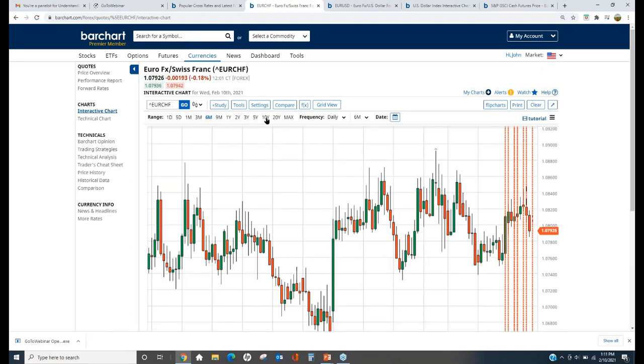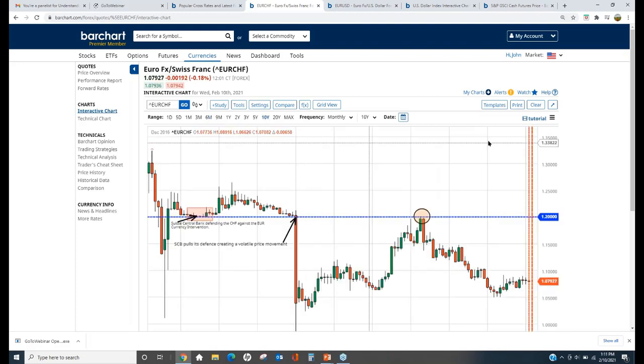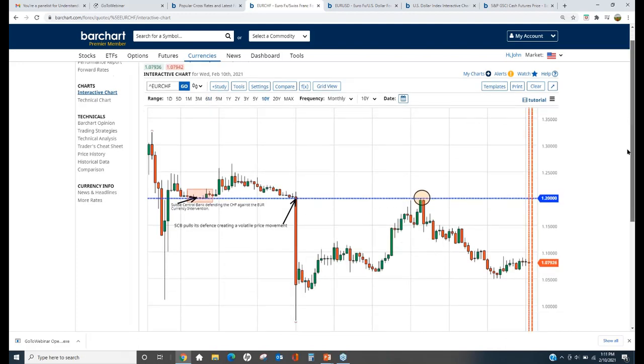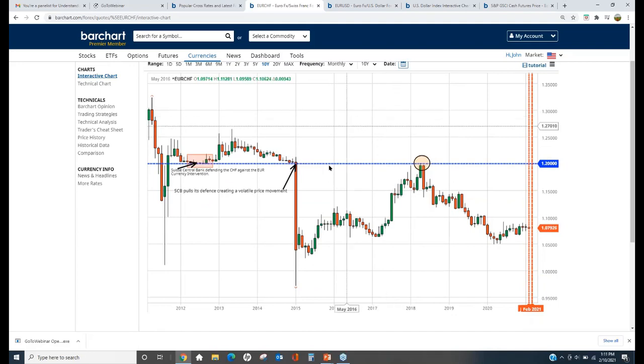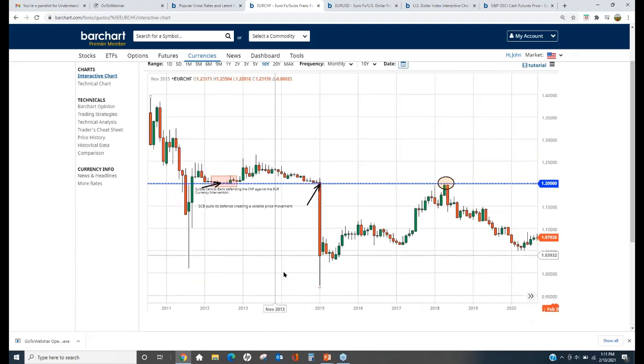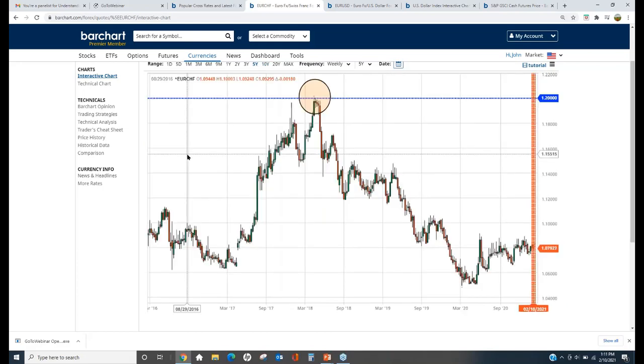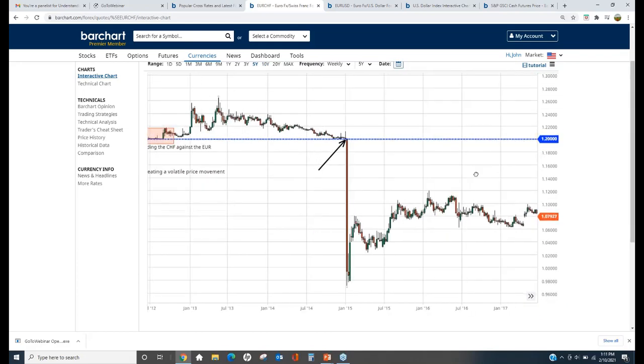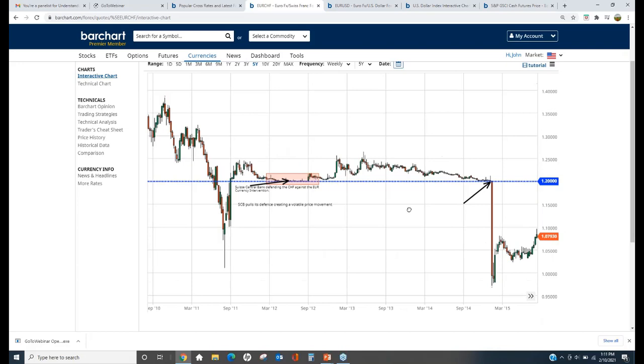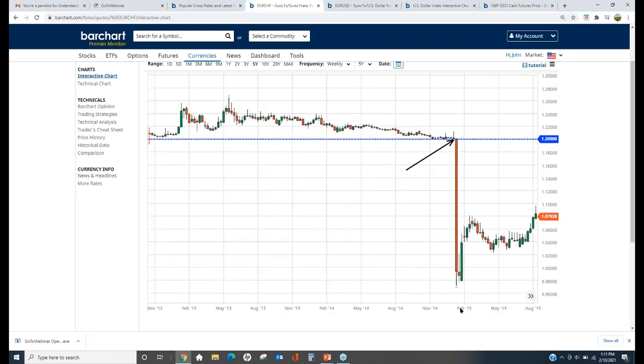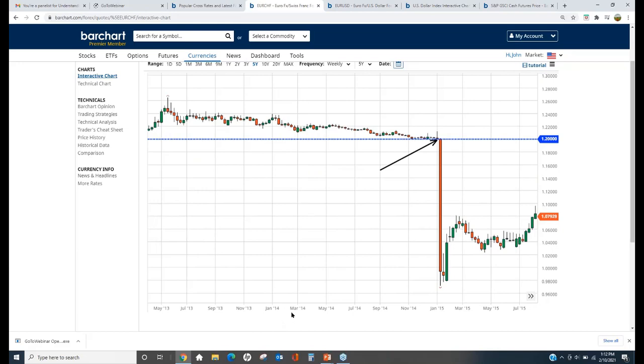I'm going to go back about 10 years on my chart. And let me kind of widen this out a little bit. Actually, you know what? Let's go to 5 years. And let me widen this out a little bit for you.